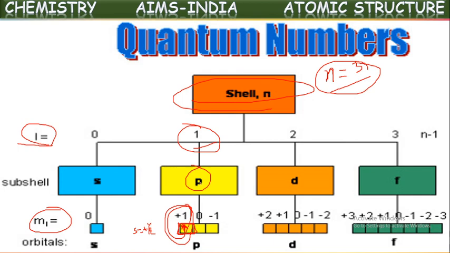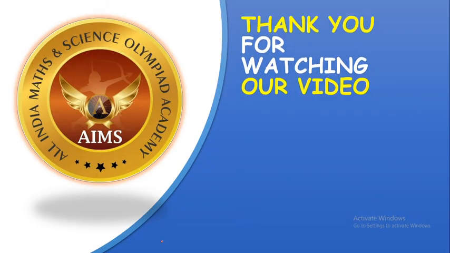And again, by knowing the S value, we can know the spin of the electron in that particular orbital, either clockwise spin or anti-clockwise spin. So in this way, we can give the exact location of an electron in an atom by using this set of 4 quantum numbers.